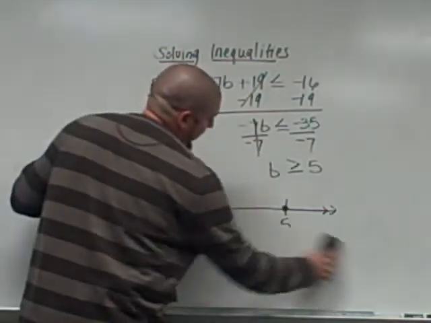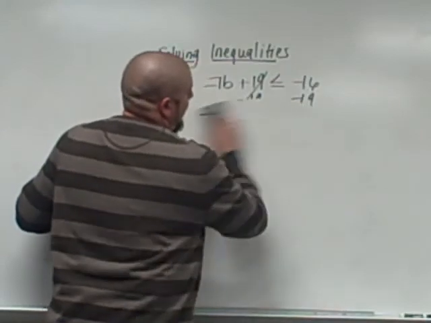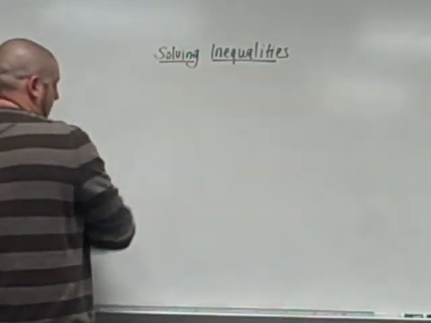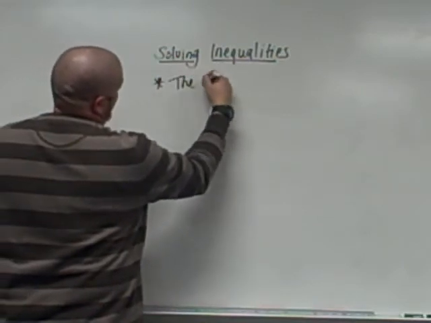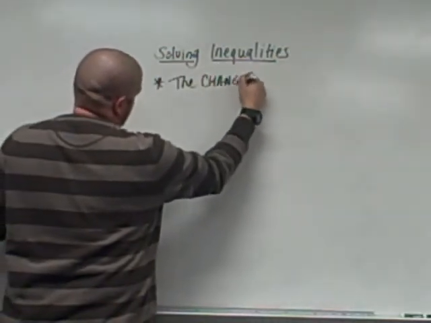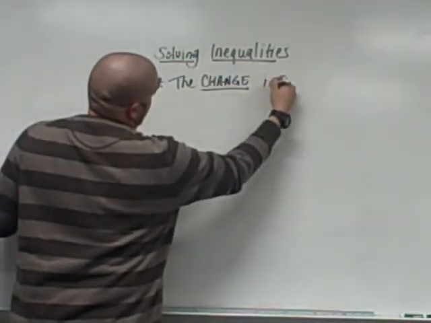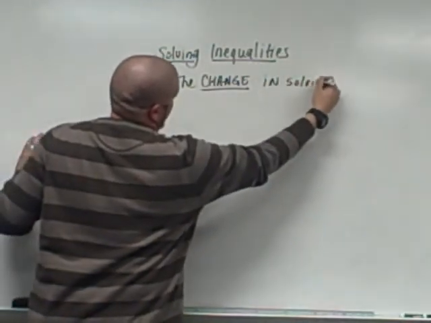Now I just want to write one other thing on the board for you to copy down. This is the one change. I'm going to call this the change in solving inequalities.